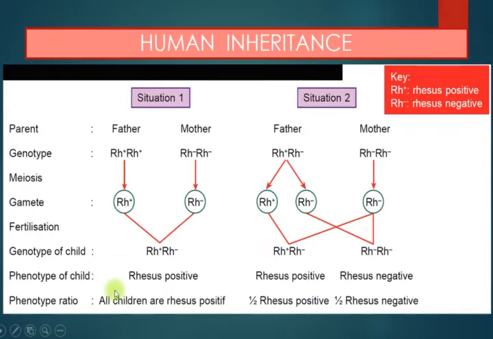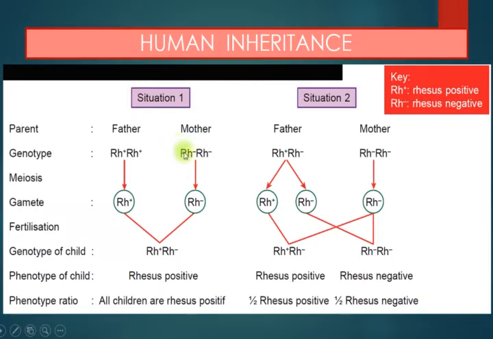Let's take a look at situations that involve the rhesus factor. In the first situation, the parents consist of the father and the mother. The father has genotype Rh positive Rh positive, so the father is rhesus positive. The mother has genotype Rh negative Rh negative, so the mother is rhesus negative.